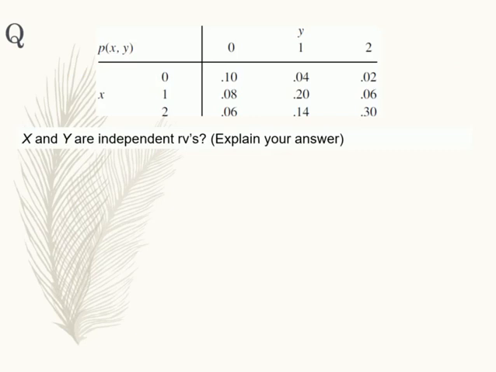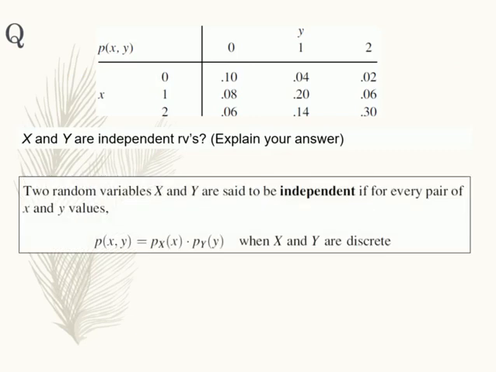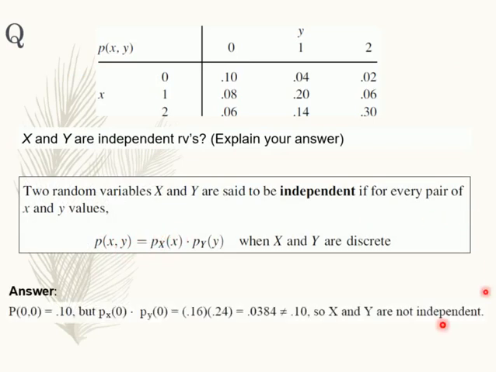In this question, are x and y independent? So we're applying this. We need to check that every single pair, when you put this probability, is the same as the product of their marginals. So we can go straight to the answer. Suppose we focused on the first block. So P00, you get 0.10.